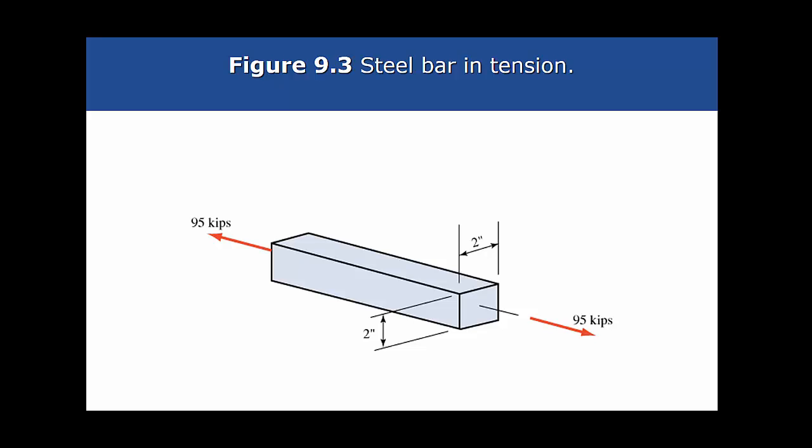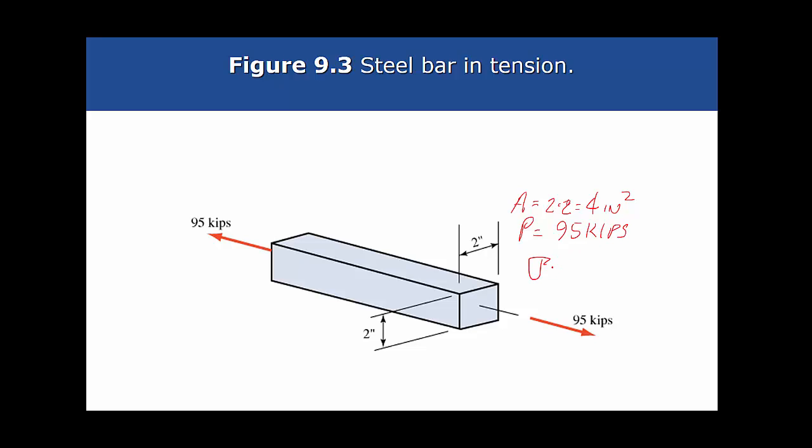So we look at that, and you note that it says it's 2 by 2. So if you cut through that, the area is going to be what? 2 times 2, so 4 square inches. So we know that. We know the load, P if you will, is 95 kips, don't we?